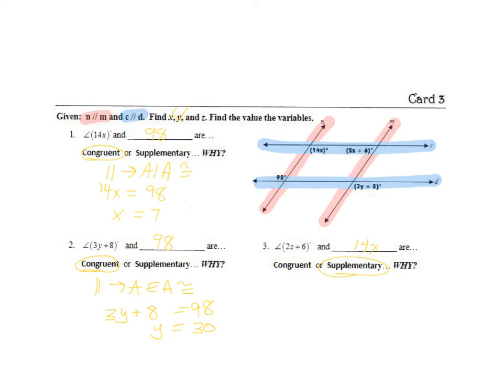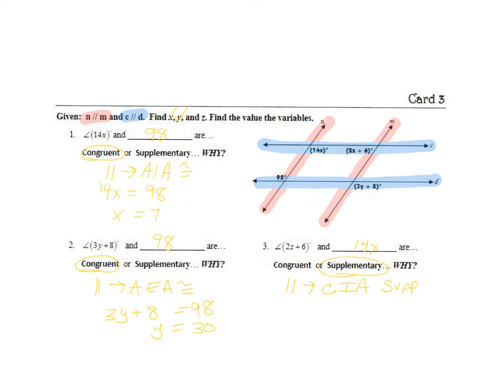And the reason why they are is they're consecutive interior angles. So for a reason why, parallel lines imply that consecutive interior angles are supplementary, my bad.